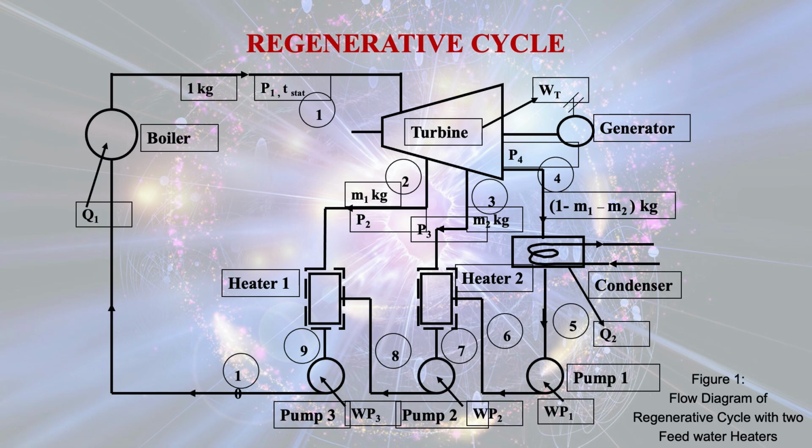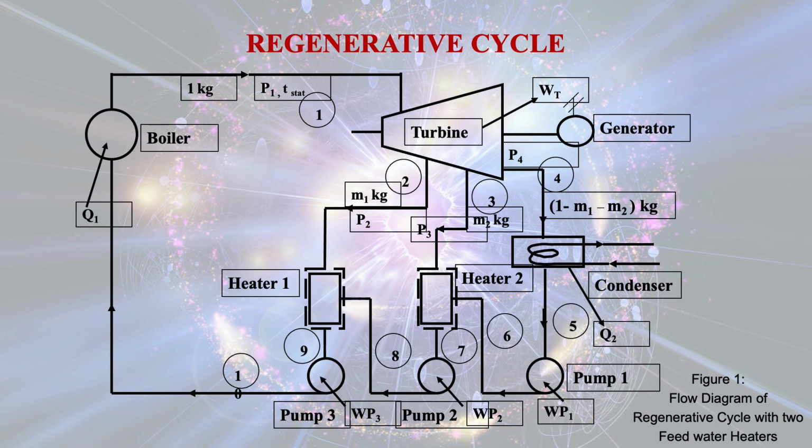After that, it will enter into the condenser at pressure P4, and then the steam will condense at the outlet of the condenser, and pump 1 pumps that amount of water, that is 1 minus m1 minus m2, to the heater 2, and there is heat transfer from the steam m2 coming out from the turbine at pressure P3 entering into the heater 2.